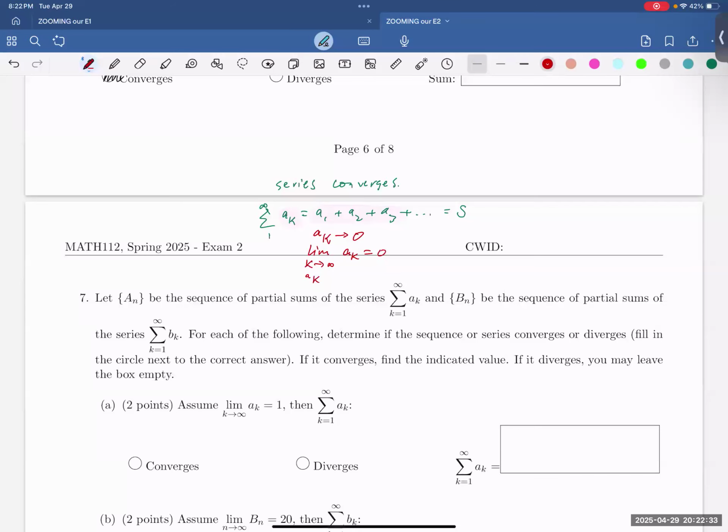The a_k's have to get small. That's the only way that this series would converge. If they didn't get small, if they approached 1 or anything other than 0, then that series would diverge by the divergence test.